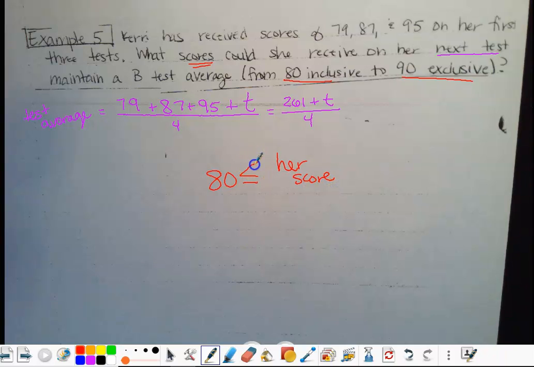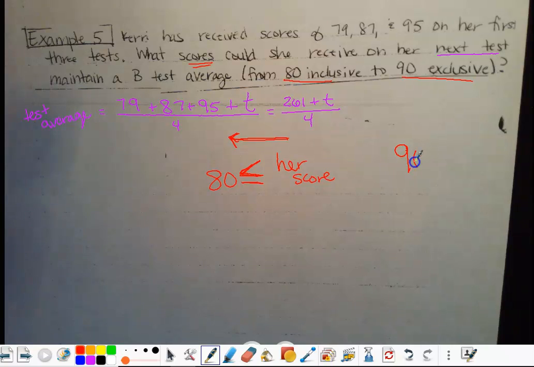So her score has to be greater. If we read this backwards, her score has to be greater than or equal to 80. Or 90. If we read it this way, her score has to be less than 90 to stay in that B range.